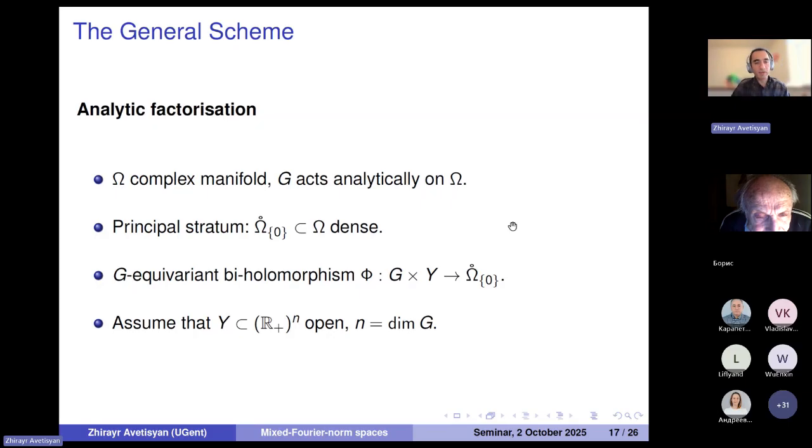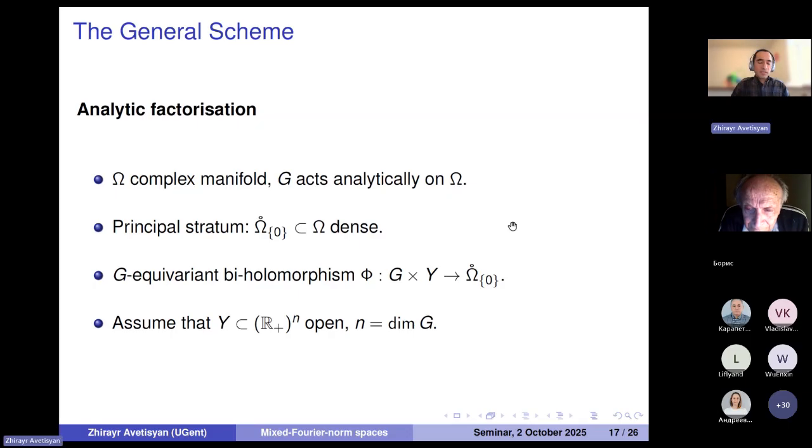In other words, we find the G equivariant biholomorphism, capital Phi, from the model G cross Y to our actual domain that we have at hand. So here we'll assume that Y is in an open subset of the positive quadrant of R n. And you know why this is the case? Because we want to go back to what we discussed before.